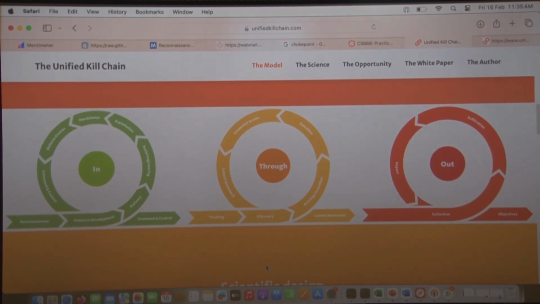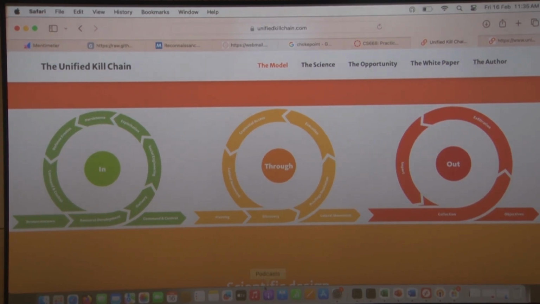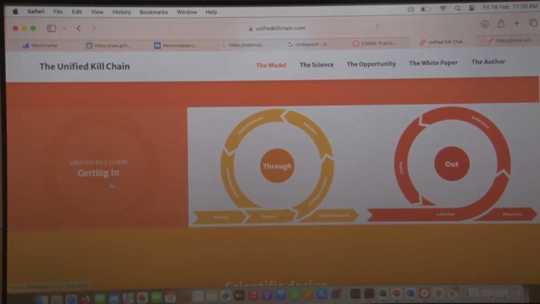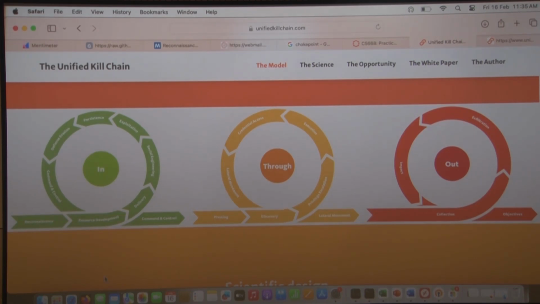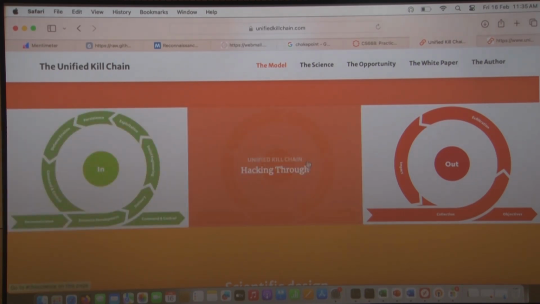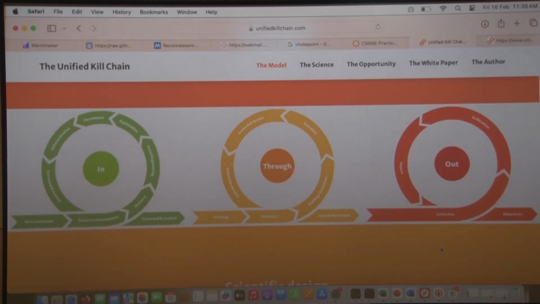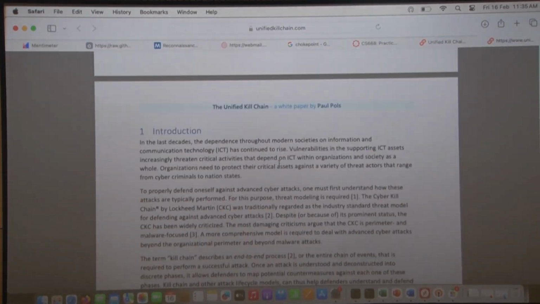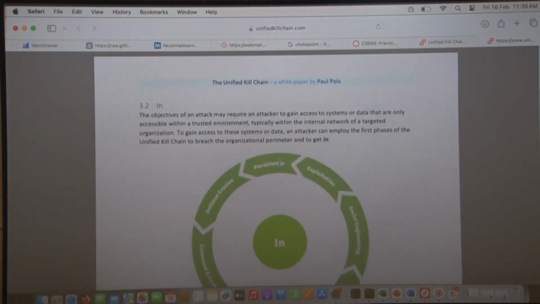This is the final one. So here I reference that getting an initial foothold comes under intermediate goal N, then through, and then out. You can access the white paper present here, and all these details are there in a more detailed way.